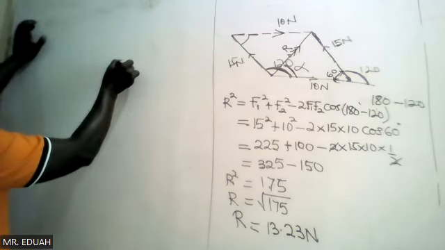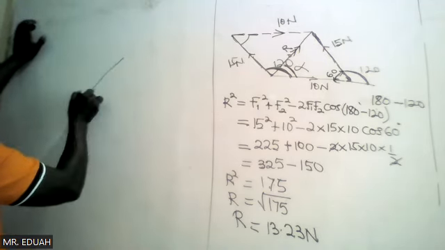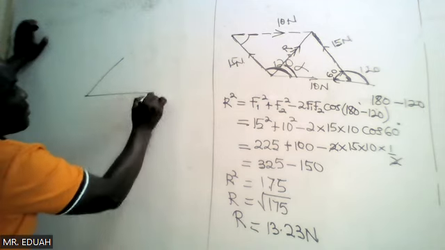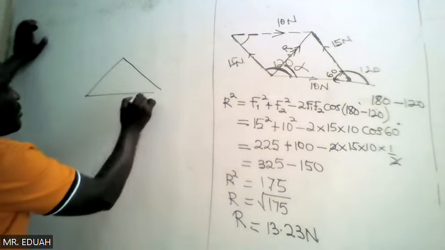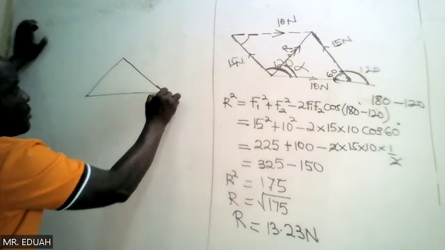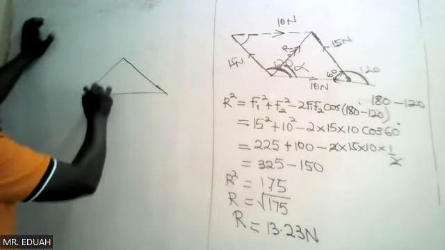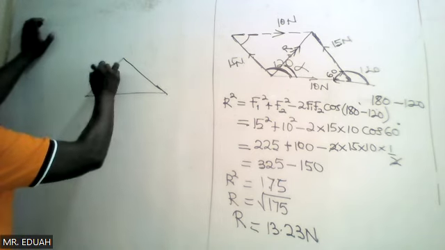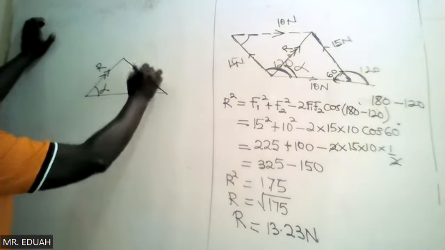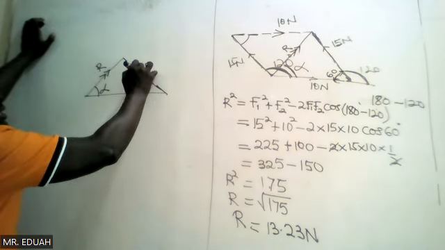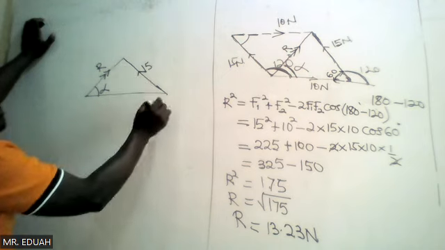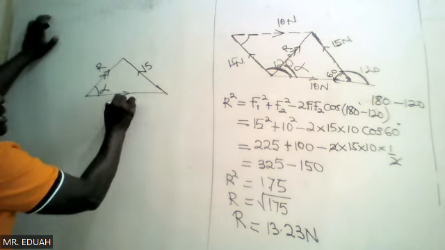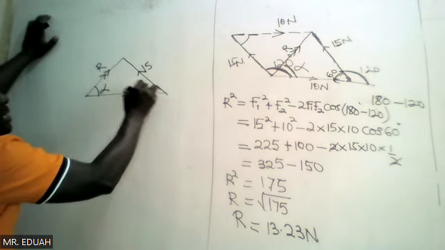Let's extract that diagram. So this is alpha. This is the resultant. This is 15 in this direction. This is this. And this angle is 60.